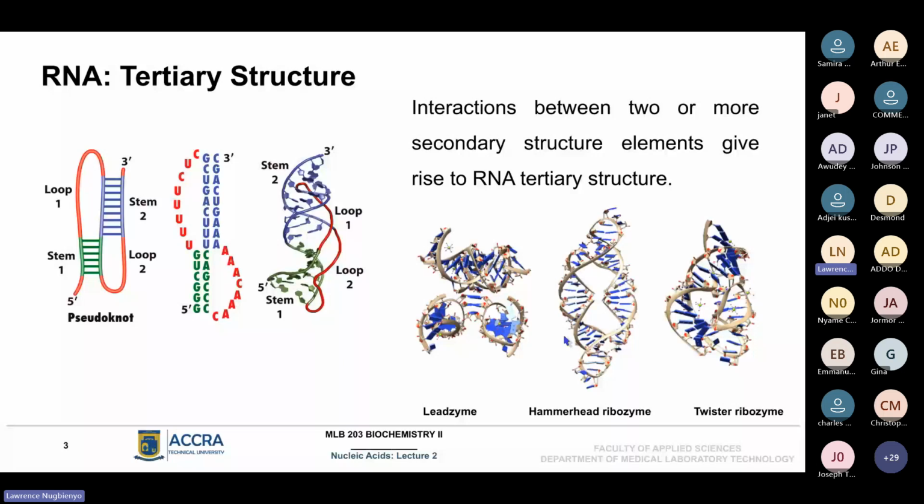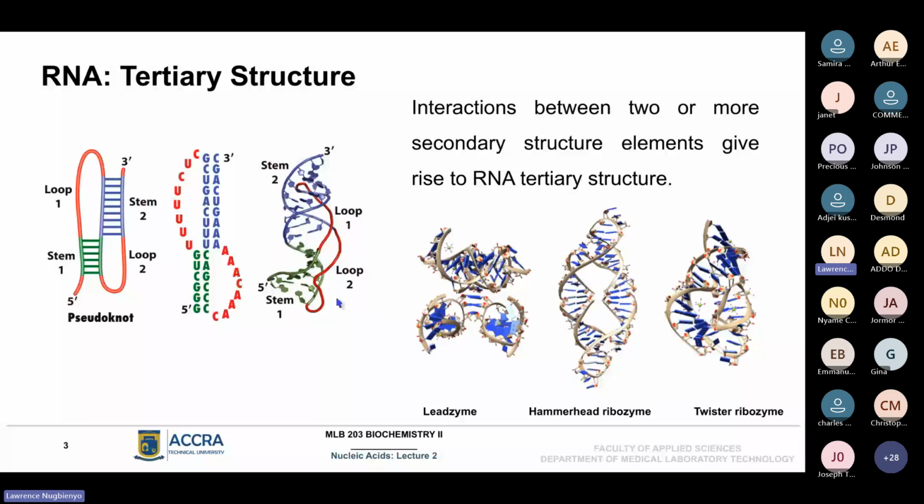You don't bother yourself so much about these names. These are just for you to see that yes, you can have RNA molecules that are complex, to the point that you refer to such structures as tertiary structure, because you have base pairing at different regions, and a region that is a stem region where you have base pairing. If you have only one, then you have a secondary structure.